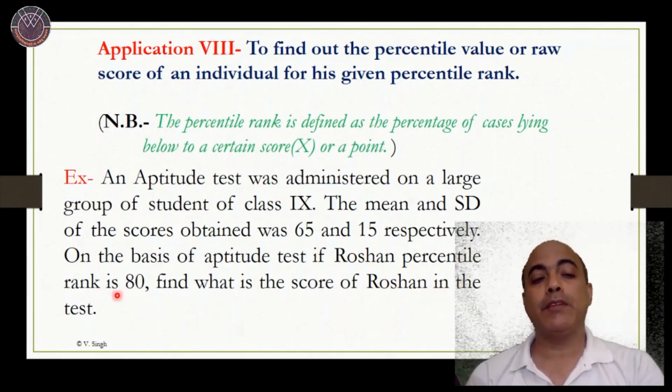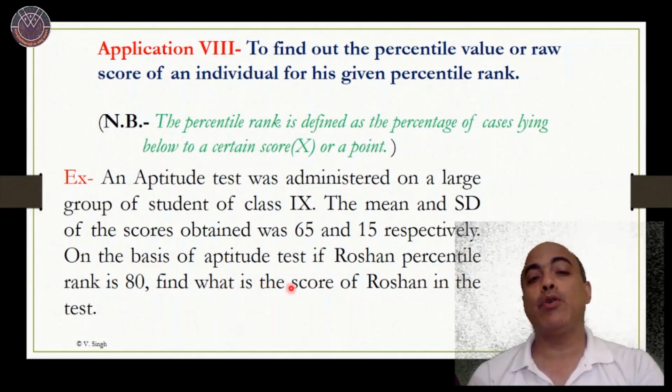Here the percentile rank is given as 80, that is, 80% of the students are lying below Rosen. But we need to find the score obtained by Rosen. We have the mean value, the SD, and the percentile rank. Let us see how we will use the normal probability curve to solve this problem.